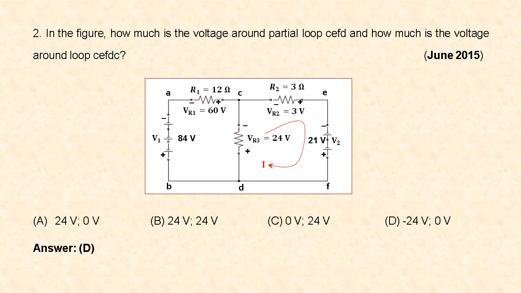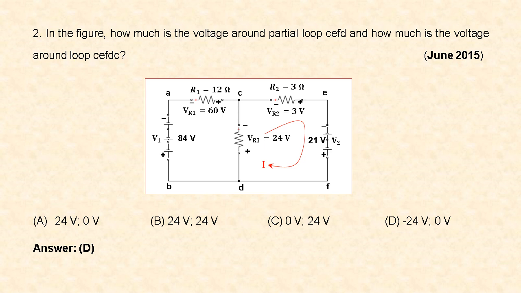And three resistors are given. R1 is equal to 12 ohm, R2 is equal to 3 ohm and R3 is not given, and the voltage drop across R3 is given as 24 volt. Similarly, voltage drop across R1 is 60 volt, R2 is 3 volt.